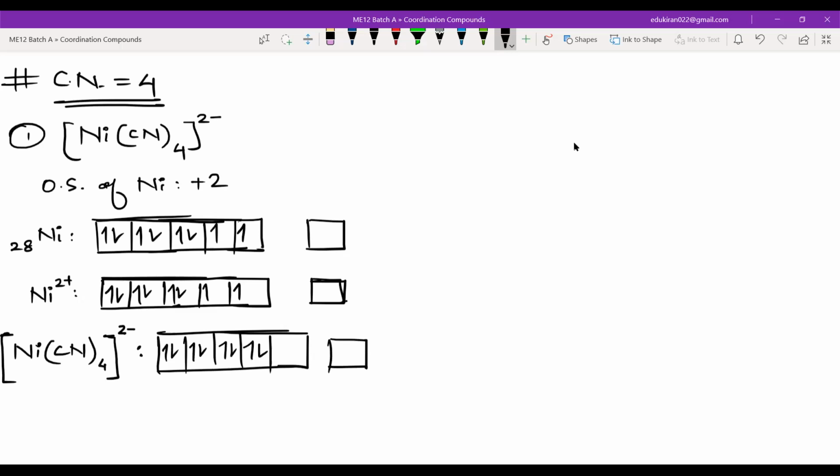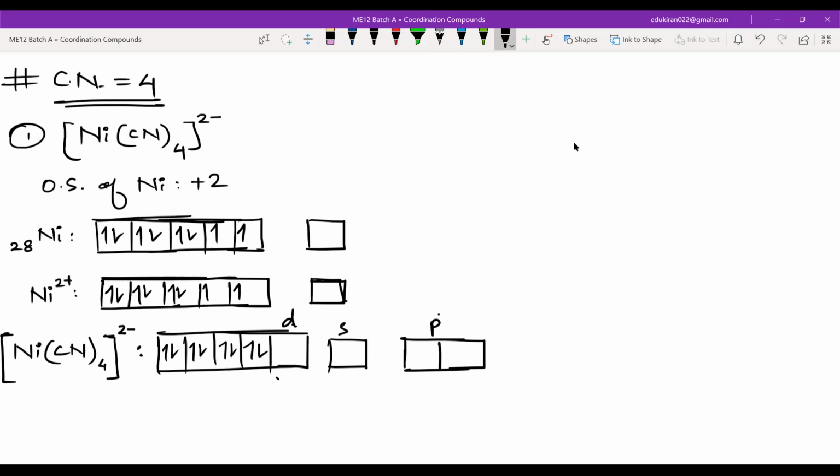Then you have a p. So how many more orbitals do we need? Two more. So from the p we need 2 more. So this will be d, s, and p2. There are 2 p's, so this will be dsp2.